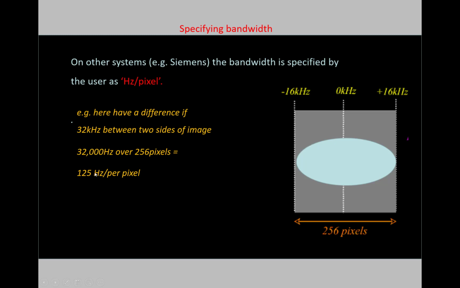And that's the number you would type in. You would type in, I want a bandwidth of 125 hertz per pixel, as here, or 150, or whatever it is you want to set. So that's the way on a Siemens system or on other systems that you may specify the bandwidth.